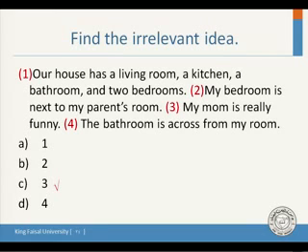Number 2, my bedroom. Number 4, the bathroom. But sentence number 3, my mom is really funny. No. This paragraph is about the rooms in the house. It's not about your mother or father. So, sentence 3 is irrelevant. You should cross it out.